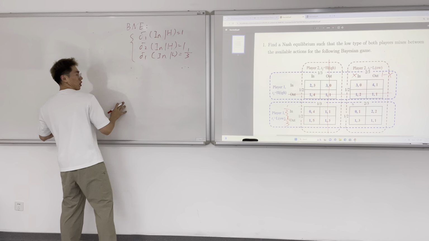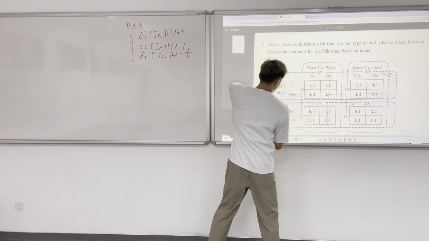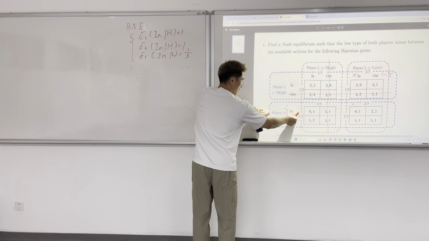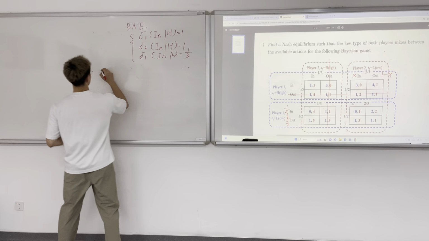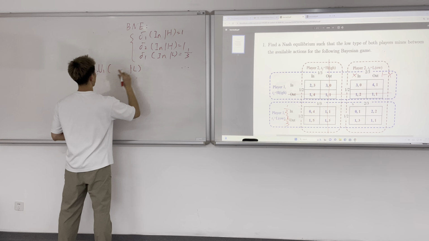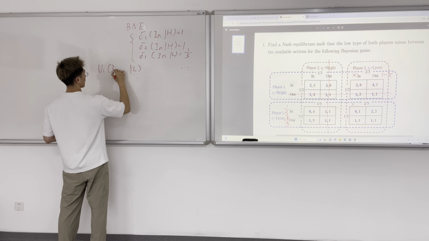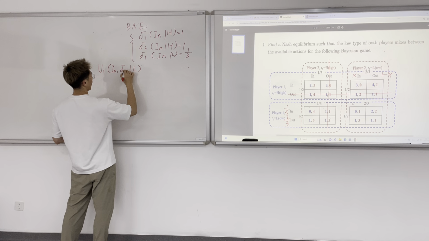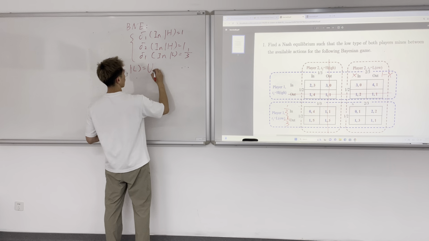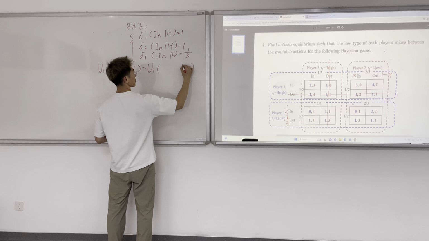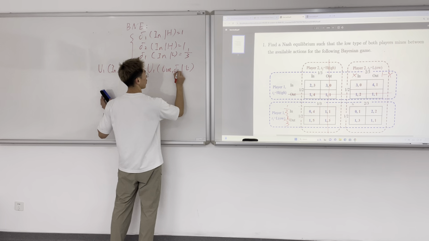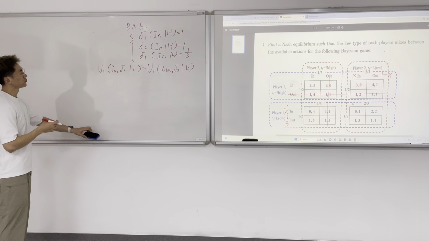And now, low type player 1 also needs to mix between in and out, right? So this is the payoff of low type player 1 by playing in, given the action profile of her opponent is sigma 2, equals to the payoff of low type player 1 playing out, given the action profile of her opponent is sigma 2.